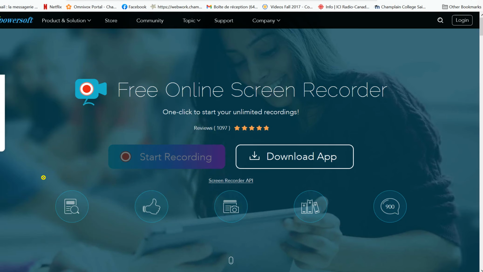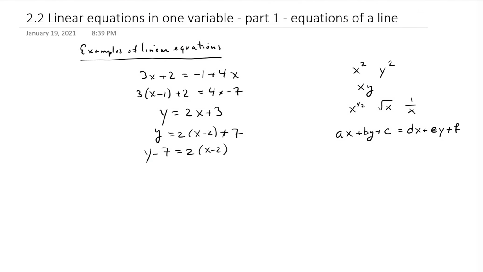So two important types of linear equations, especially the slope-intercept form.